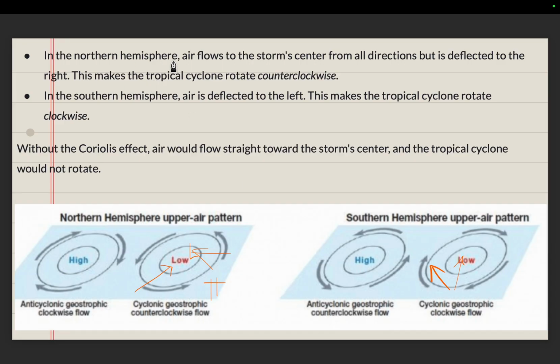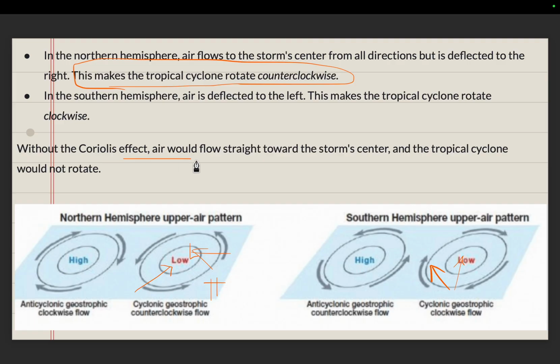So it will have a clockwise motion of air when seen from the upward view. In the northern hemisphere, air flows toward the storm's center from all directions, but it is deflected to the right of its going direction, so the tropical cyclone rotates counterclockwise. In the southern hemisphere, air is deflected to the left, so the air packet moves in the tropical cyclone in the clockwise direction.